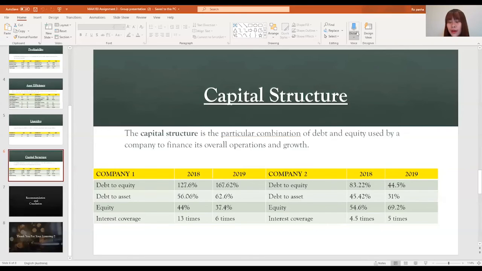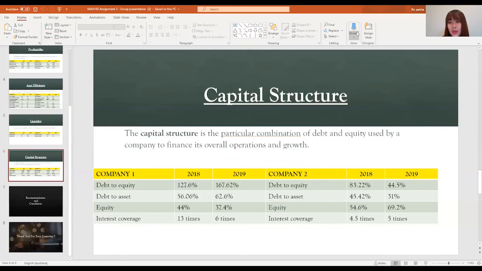Now I'm talking about the equity ratio. For the equity ratio, less than 50% suggests greater reliance on debt. For company 2 in 2018, there is 54.58% of equity, meaning every dollar of assets is financed by investors.